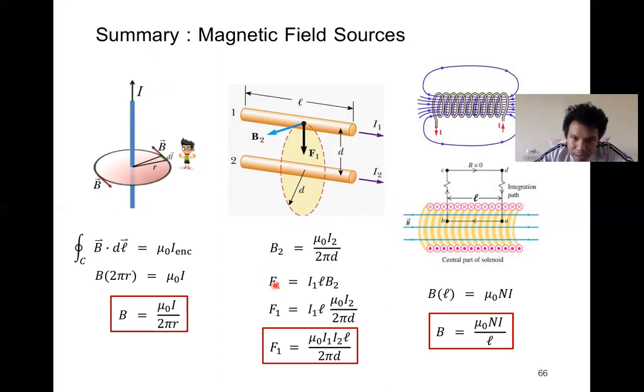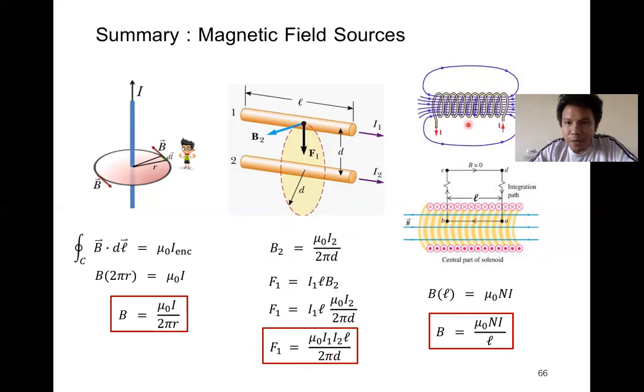So F1 will have a force from magnetic field B2 of I1 L B2, and then I use B2 that is calculated from Ampere's law to construct another relation.